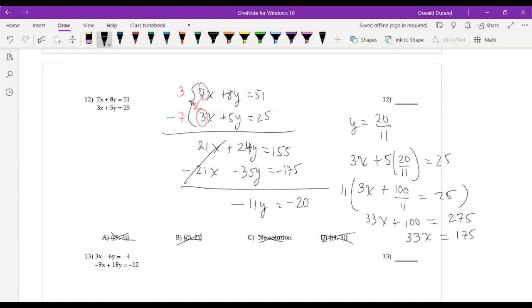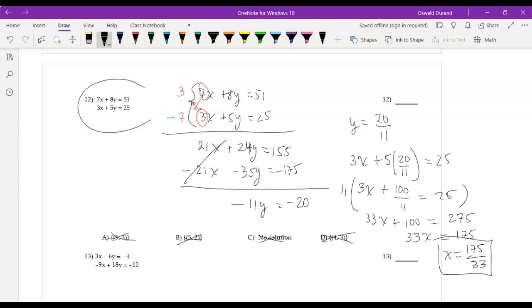And 175 divided by 33 is equal to 5.33. So basically x is equal to 175 over 33. It's a decimal number, so we leave it like this.